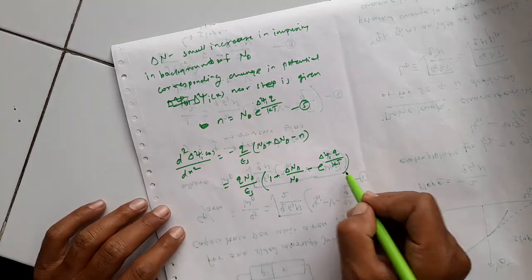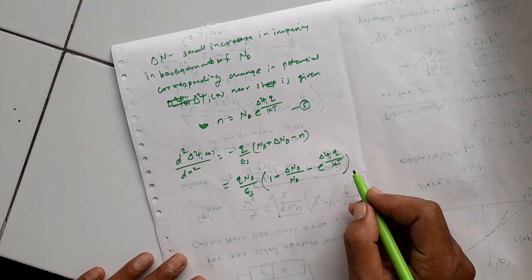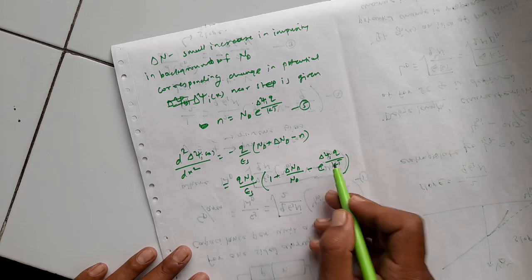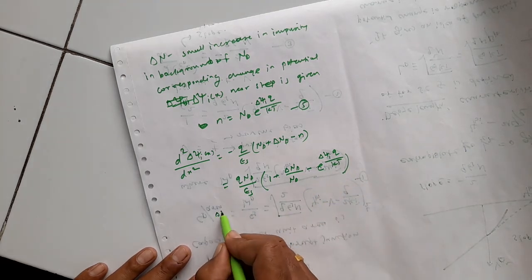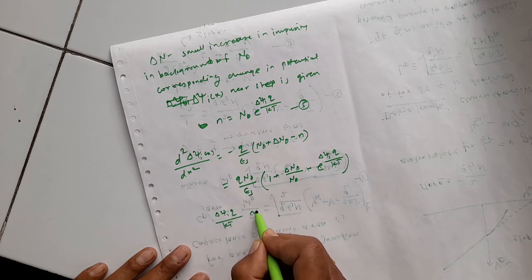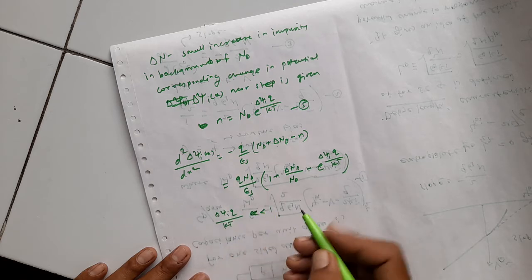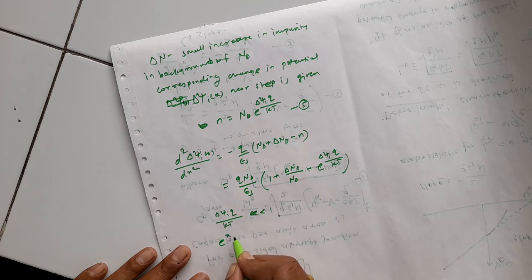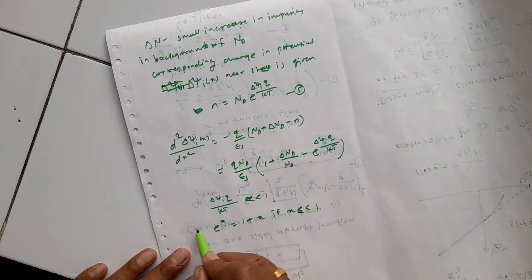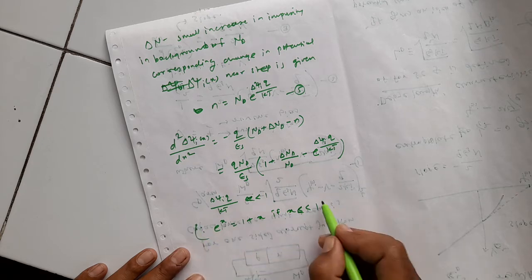Now, if this delta psi i q by kT is very less than 1, then e raised to x is equal to 1 plus x if x is very less than 1. This is the expansion we can have for this series.